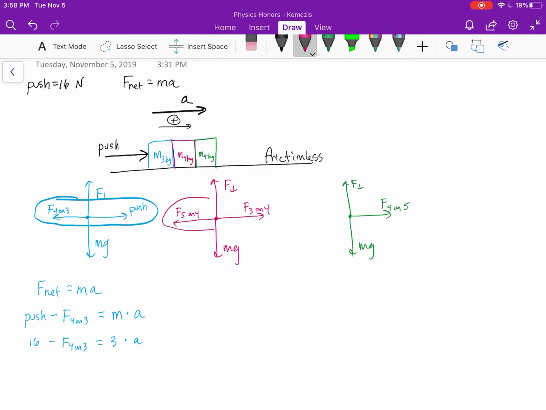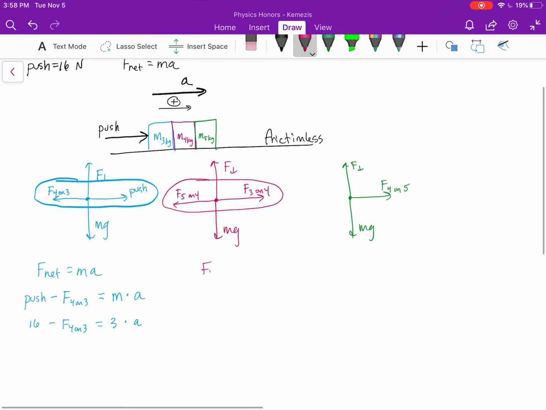Again, our motion is in the horizontal direction, so I'm only focusing on the horizontal forces. And again, the mass 4 kilograms is going to move to the right, so when we're doing our net, F3 on 4 is going to be bigger than F5 on 4, sorry, I misspoke.